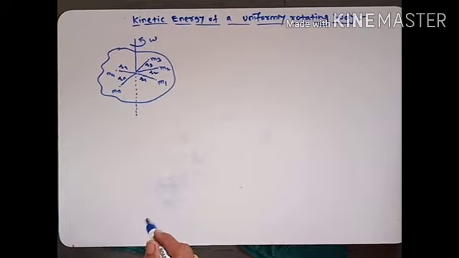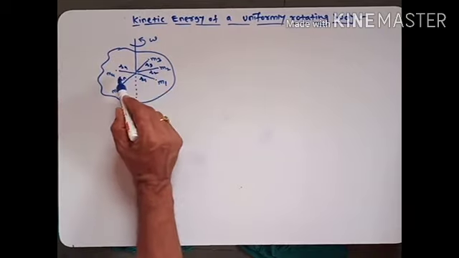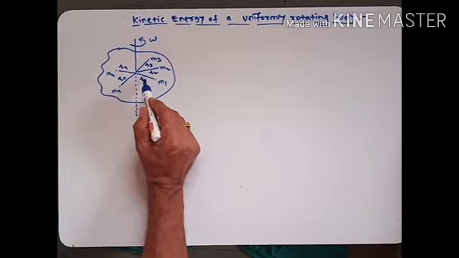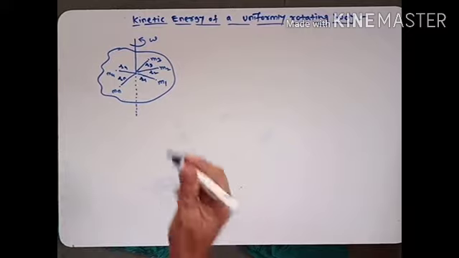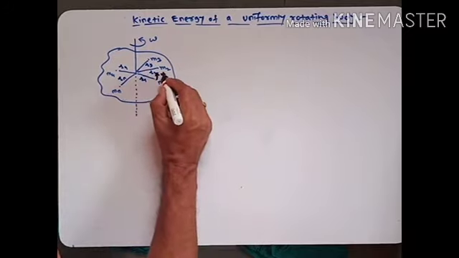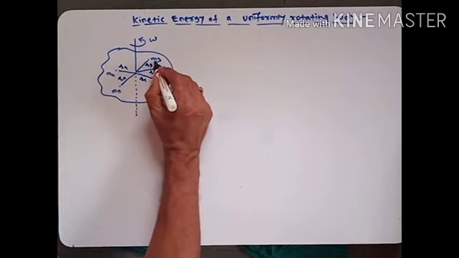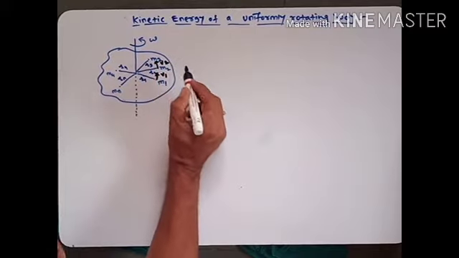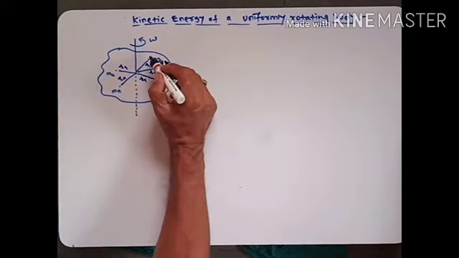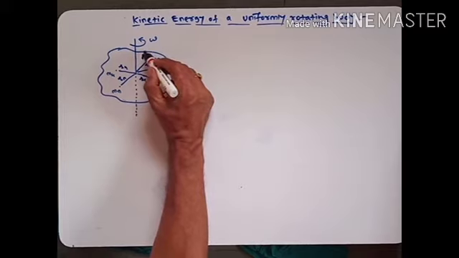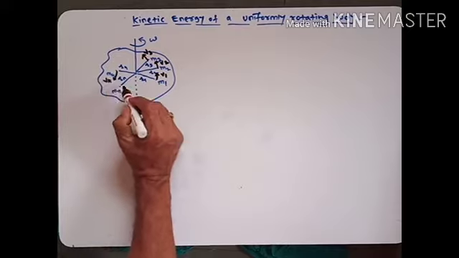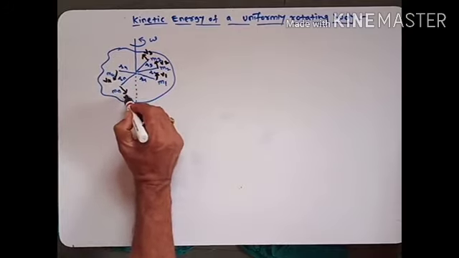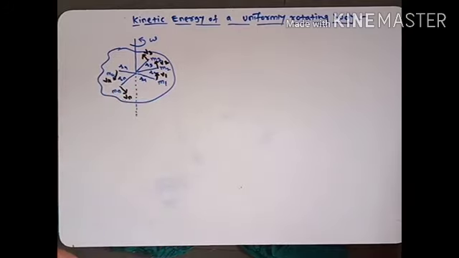Suppose you consider these particles having masses m1, m2, m3, m4 up to mn, which are at distances r1, r2, r3, r4 up to rn, having linear velocities, that is v1 for particle m1, v2 for particle m2, v3 for particle m3, v4 for particle m4, and for particle mn, vn be the linear velocity. These are the linear velocities.